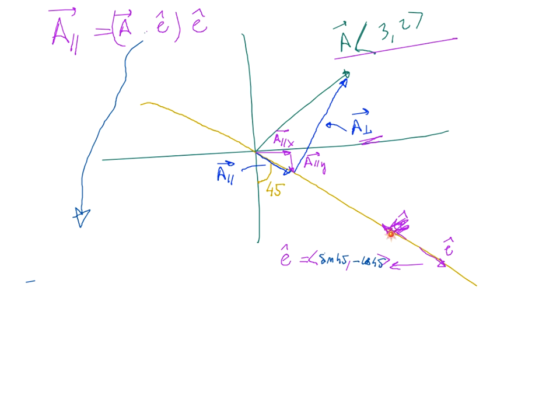Yeah, excellent. Which end up being square root of 2 over 2. Perfect. And we're going to multiply it by E again.